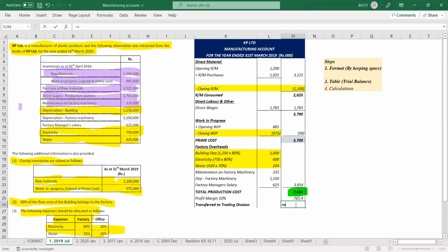Then the total transfer to trading division is 8,419,400 rupees. So that is the amount we transfer to the trading division. Okay. So that is step 4, calculation.